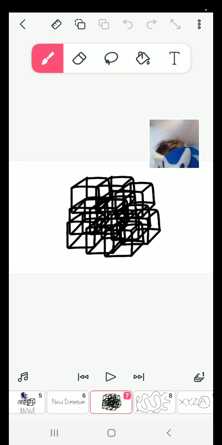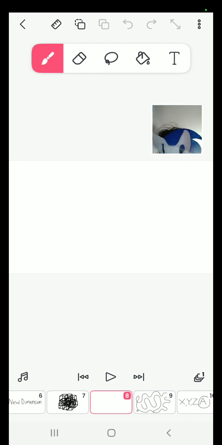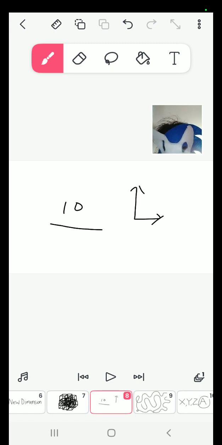So, what can we assume? We assume that the first dimension is just a line, right? That's 1D. And then we have 2D, which are two lines.